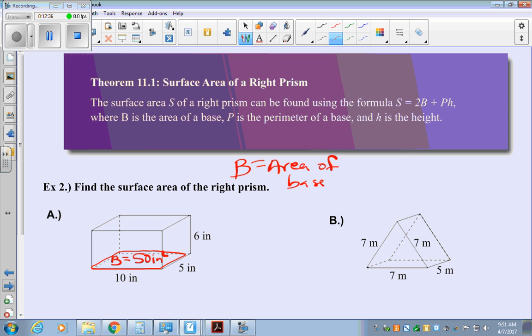If we're using the formula for surface area, we need to find the perimeter of the base. Some of my students yesterday were super struggling. It's not the perimeter of the front, it's not the perimeter all the way around, it's just the perimeter of this base, which is 10 plus 5 plus 10 plus 5, also known as 30.